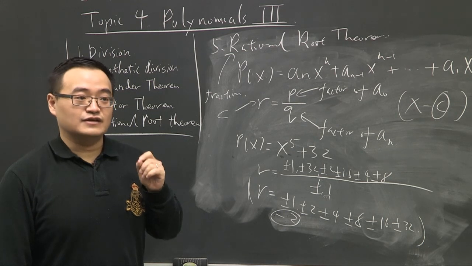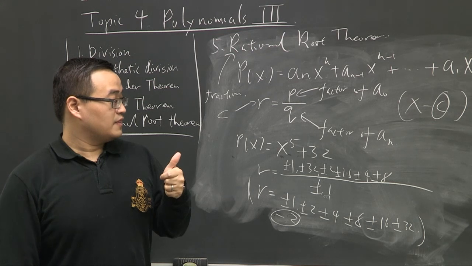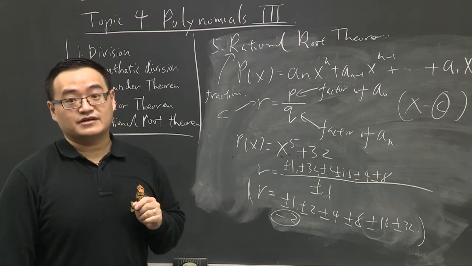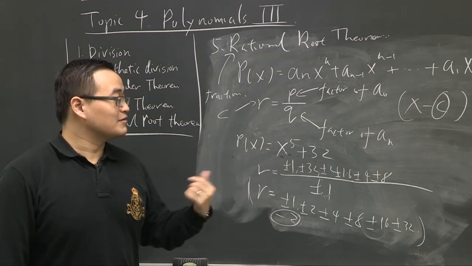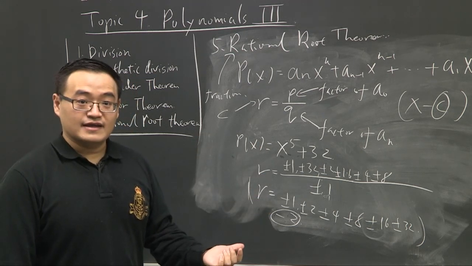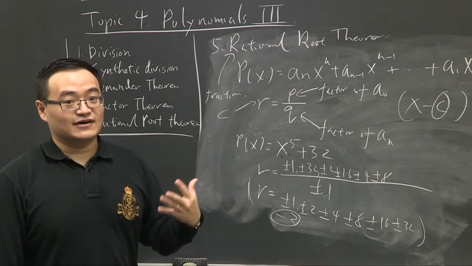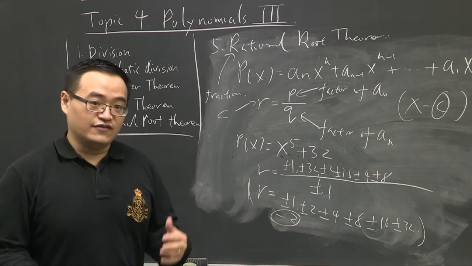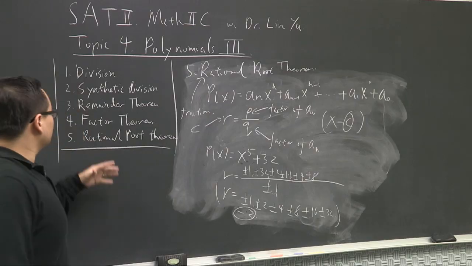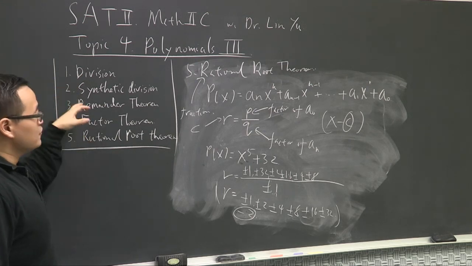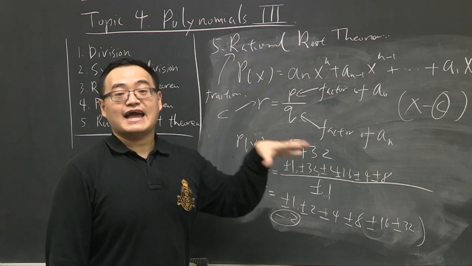They are either irrational or imaginary, AKA they don't exist in the real world. We're going to talk about this in detail in the next lecture: how do we deal with them if they happen to be imaginary? But with these five little steps, you can find all the rational roots, as many as you can.